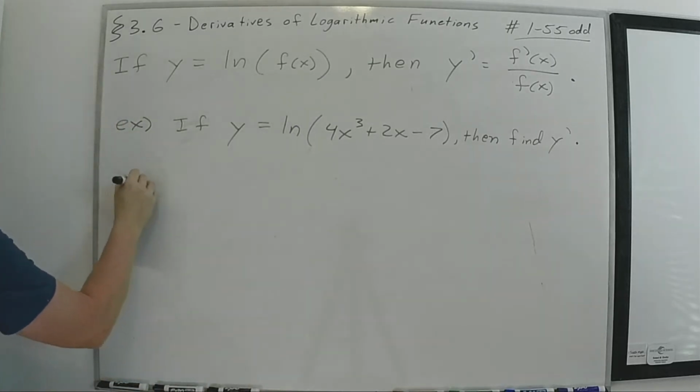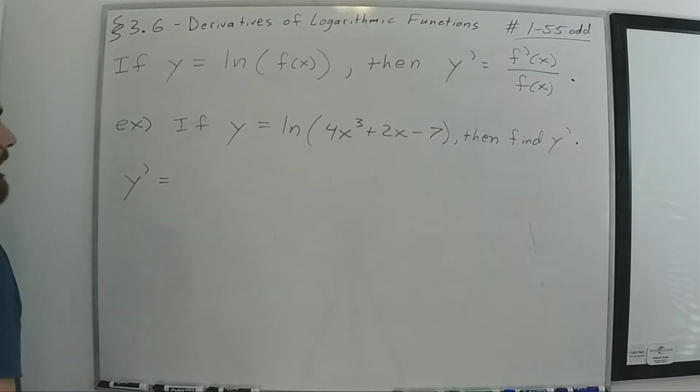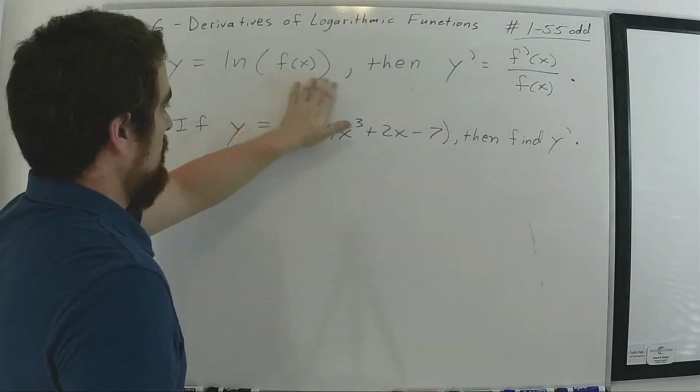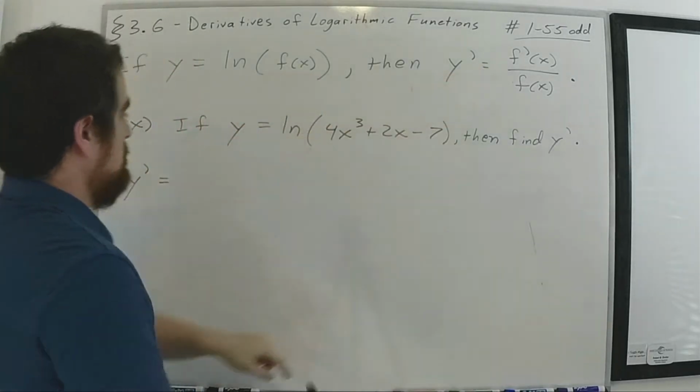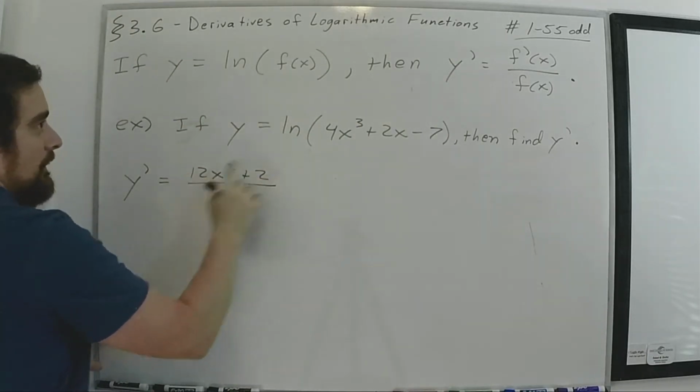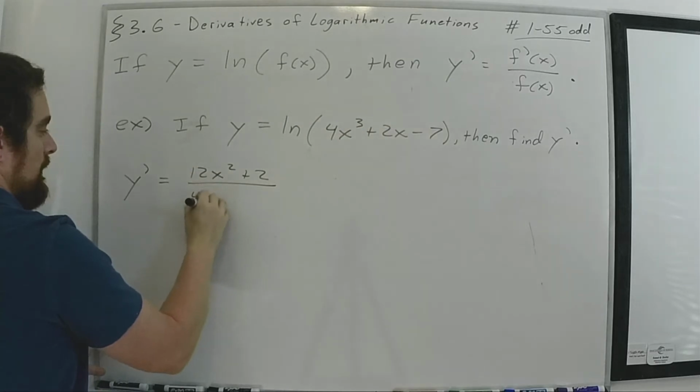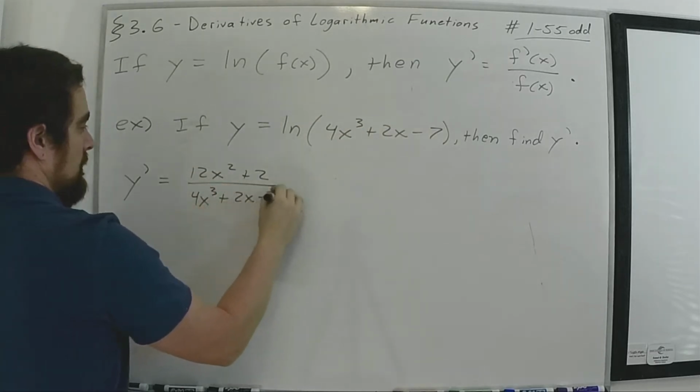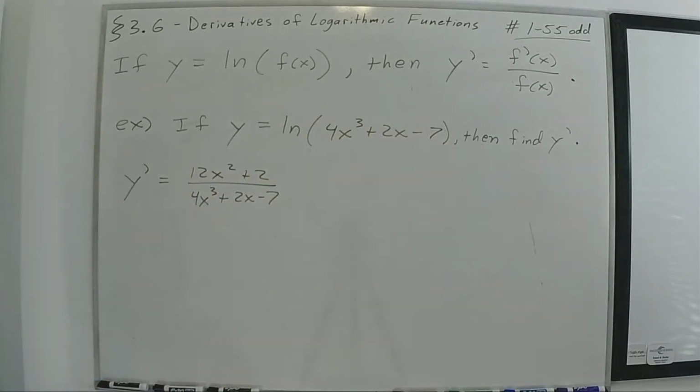So in order to find y prime, I now have a function inside. So I have to do the derivative of the inside, which is 12x squared plus 2, over the inside, which is 4x cubed plus 2x minus 7. And that's it.